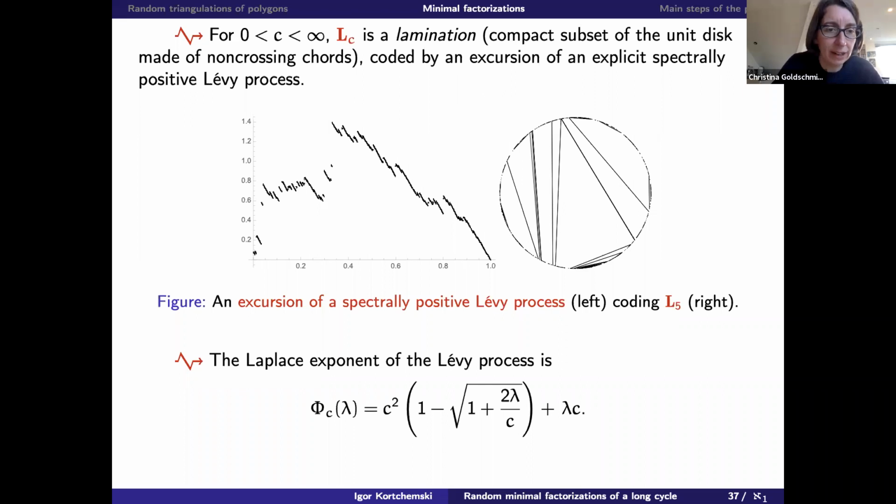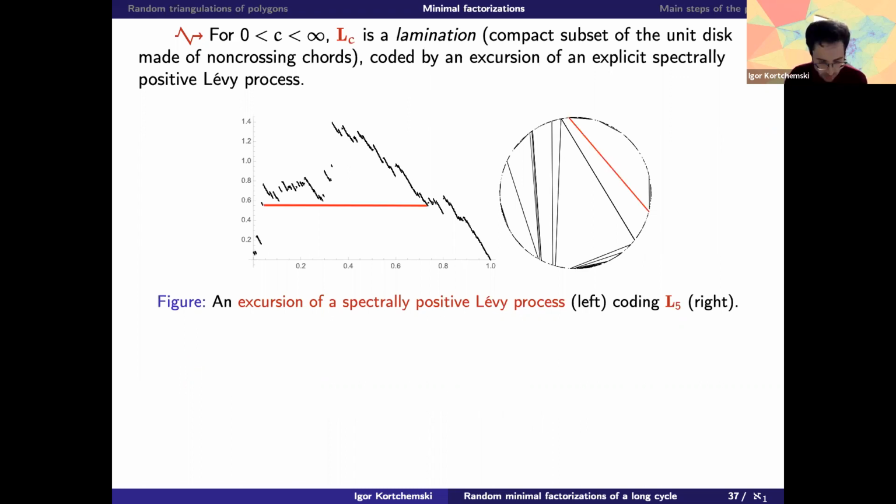Igor, can you just explain again how you get the lamination from the Levy process? It's literally parts of the excursion that touch a line. But here I'm being a bit imprecise, because here you have a jump, so you have to be a bit careful with the moments of jumps. It's essentially just looking at points under the excursion which see each other.